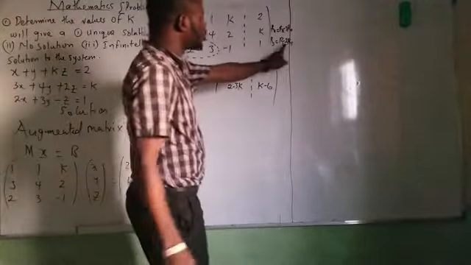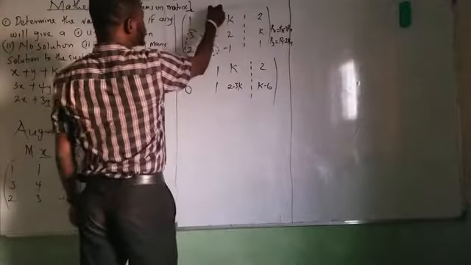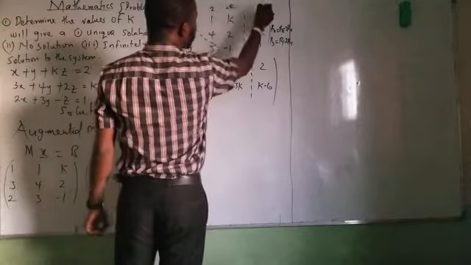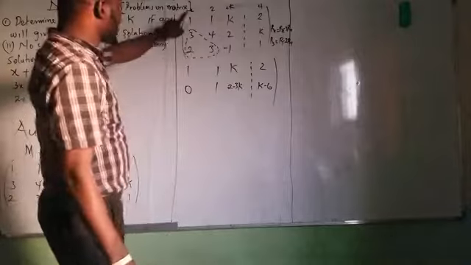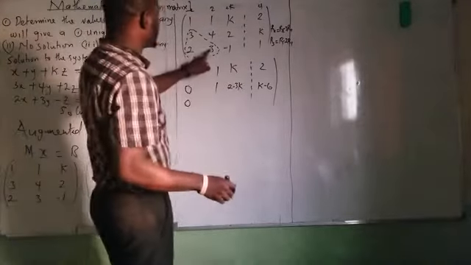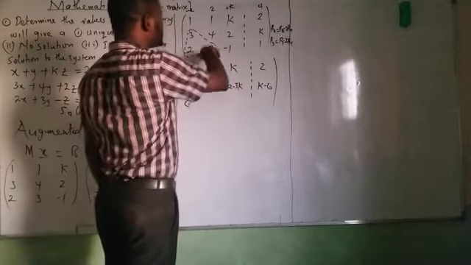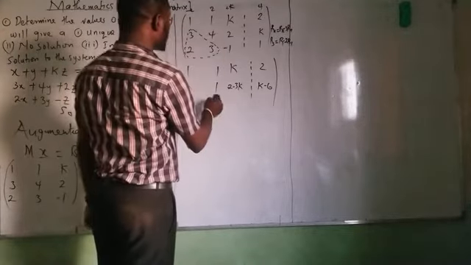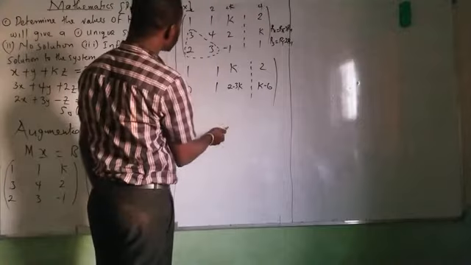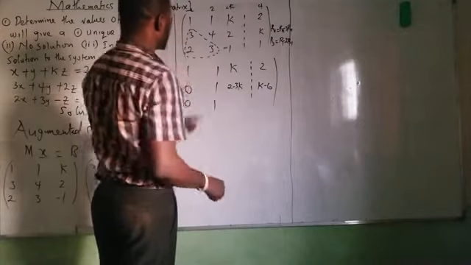Now, for the next row, I have 2, 3, minus 1, and 2k, and 4. This minus this will be 0. This minus this, 3 minus 2, will be 1.